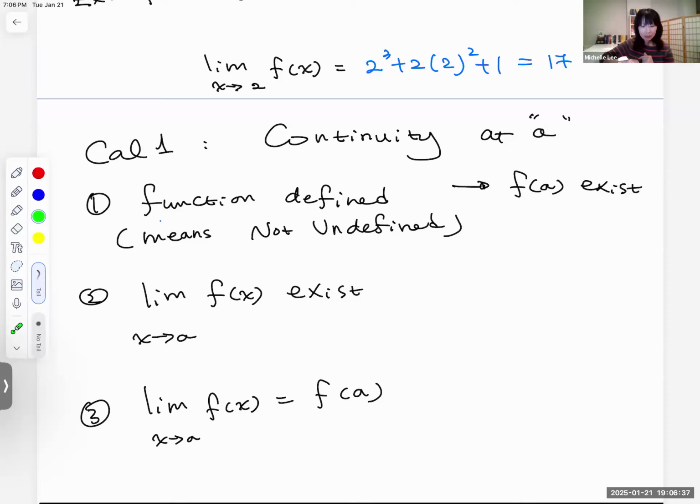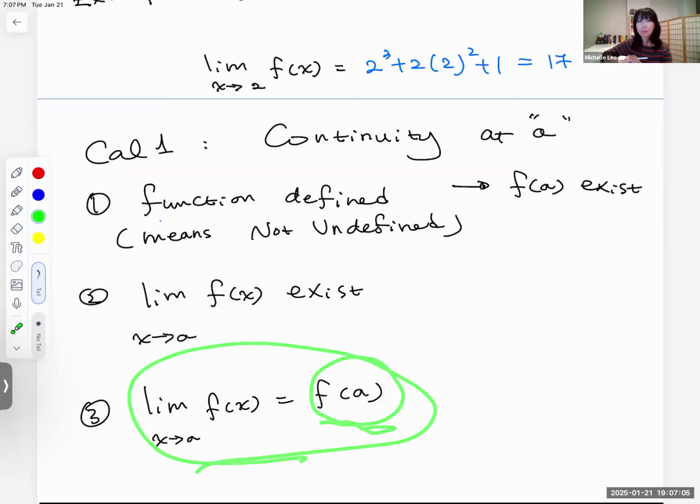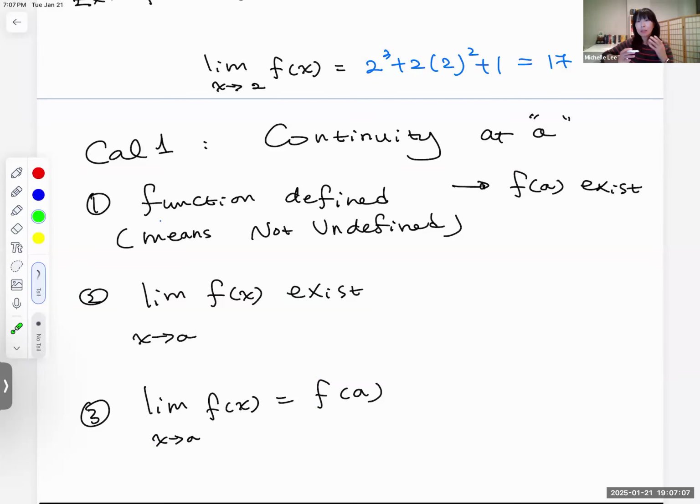Second, the limit exists. So function defined means f of a exists, and then the limit exists. Then the value of the limit and the function evaluated at x equals a are the same. Then we say that the function is continuous at a. So three conditions must be satisfied.